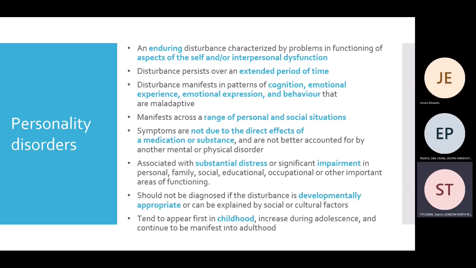Whether they're thinking, feeling, or acting in a way that's different from normal, it tends to be maladaptive. And this way of responding to others and the world tends to be present across a range of personal and social situations. So it's not just limited to one relationship they have with a particular person in their life. It's present across all relationships they're making and across all situations they might find themselves in.